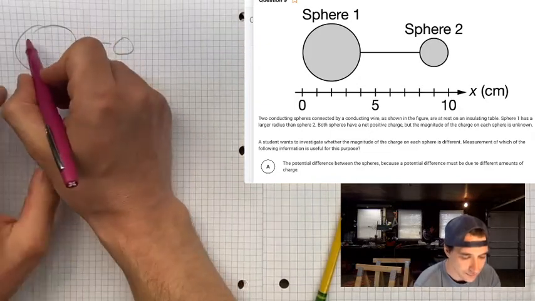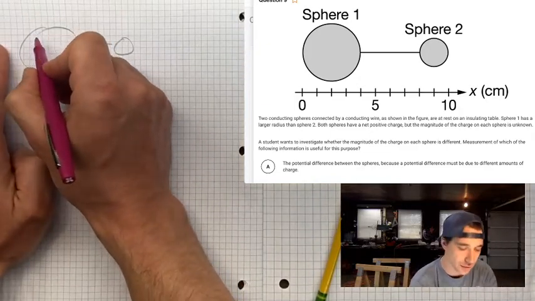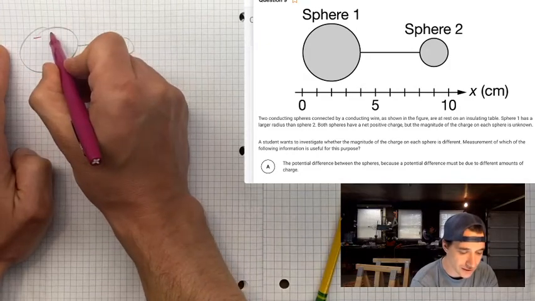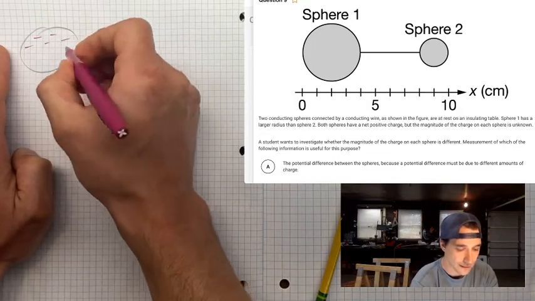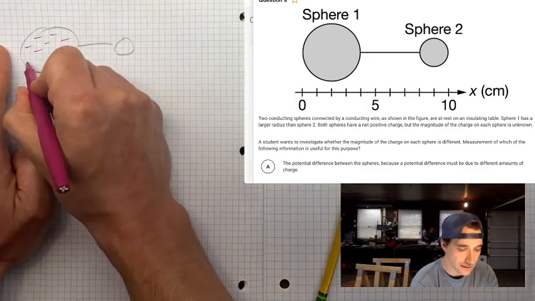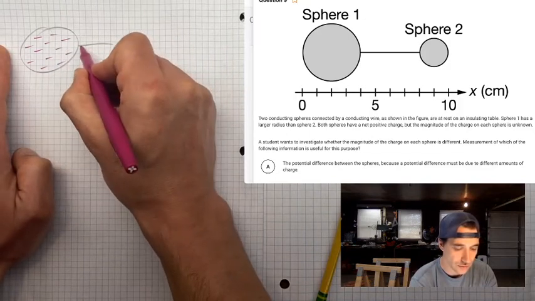So let's think about that. Let's draw that representation. Obviously, I'm not going to be able to draw all the electrons, but I'll just put some negatives in here to try and represent that spacing. As I draw these, I'm trying to keep them somewhat uniformly spaced.